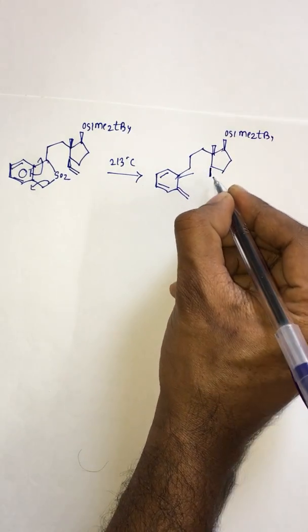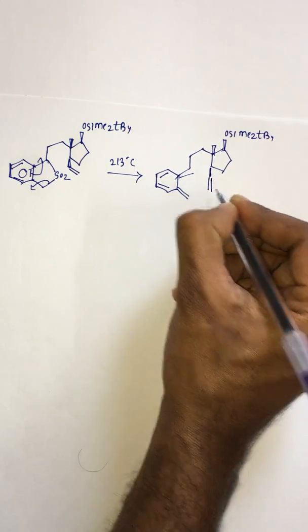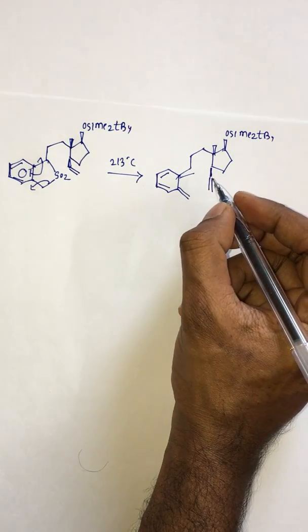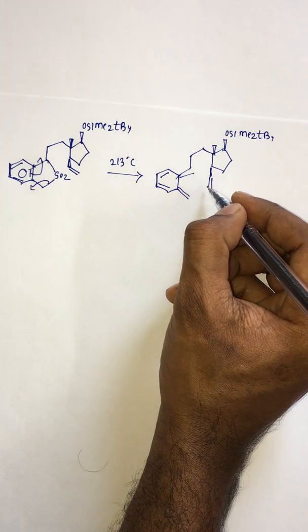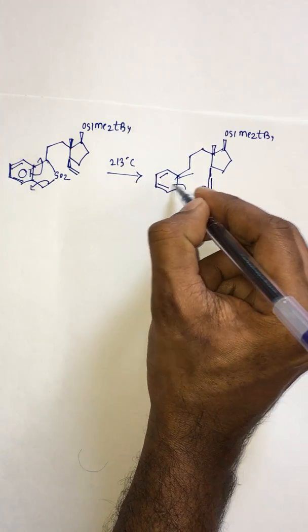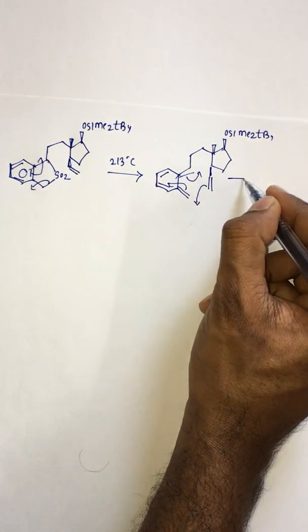And here we have a dienophile. Now the Diels-Alder reaction takes place here.